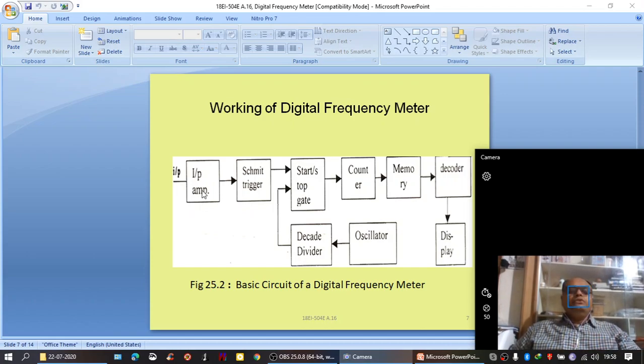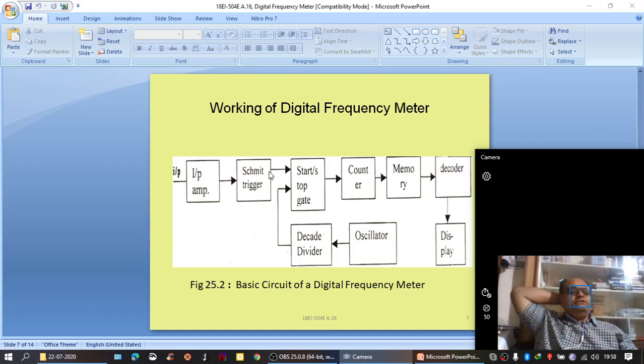Then that amplified signal is applied to the Schmitt trigger. In the Schmitt trigger, what happens? Using the concept of upper threshold potential and lower threshold potential, any other form of input signal is converted into a train of pulses.